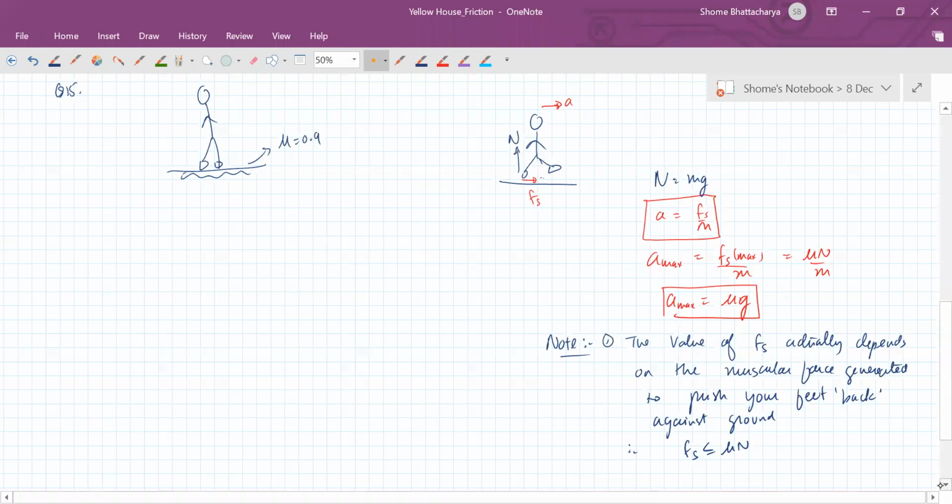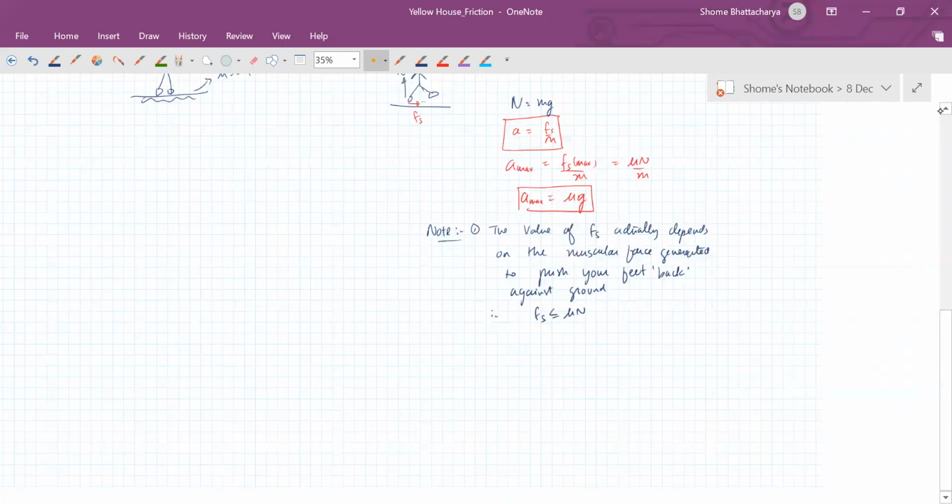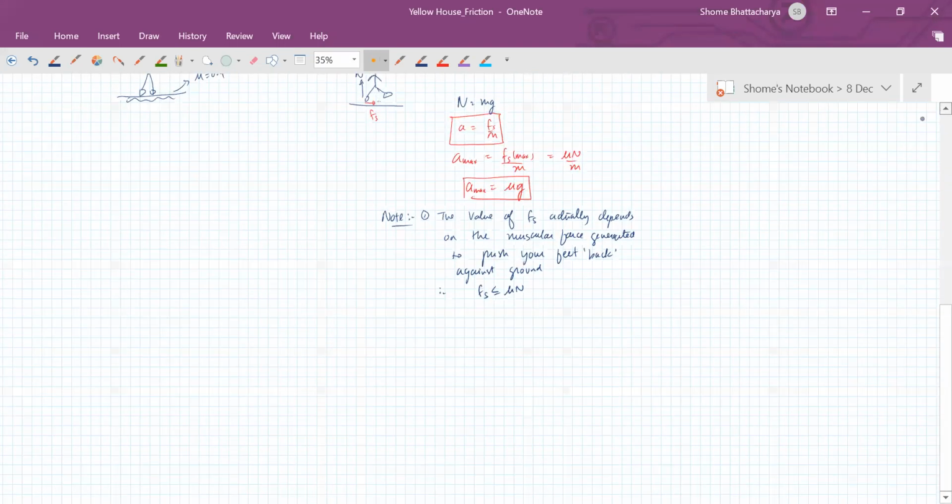Secondly, this acceleration will not be continuous because there is a time interval between one leg hitting the ground and another leg hitting the ground.